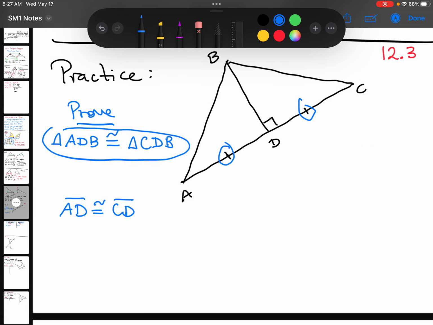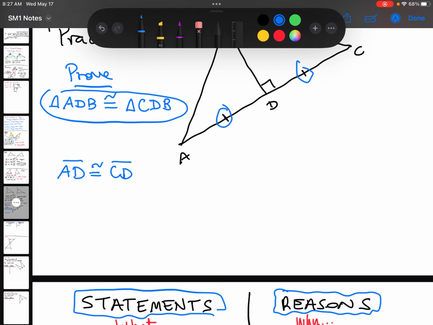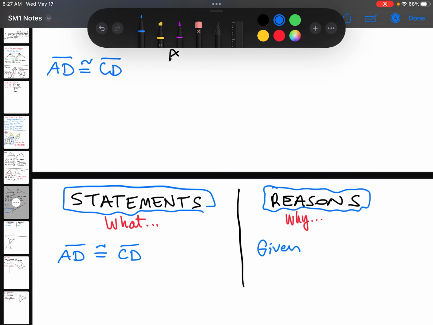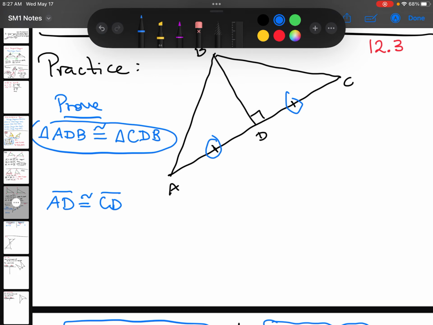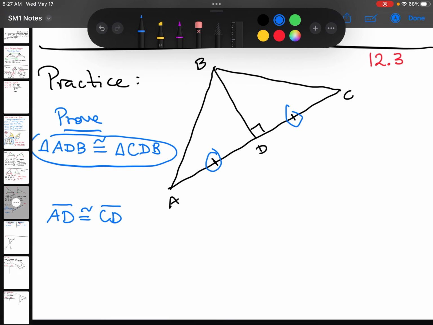Also, if you notice, that's my first statement here, and I am already saying that there is a pair of congruent segments. Now, I can also say this. If you notice, there is a 90-degree angle here.